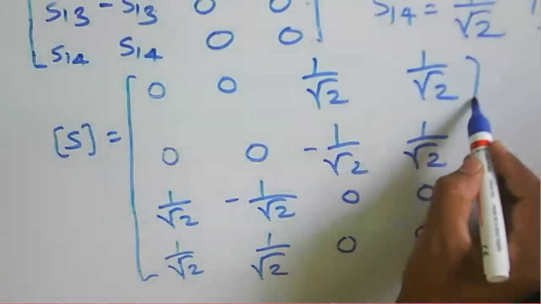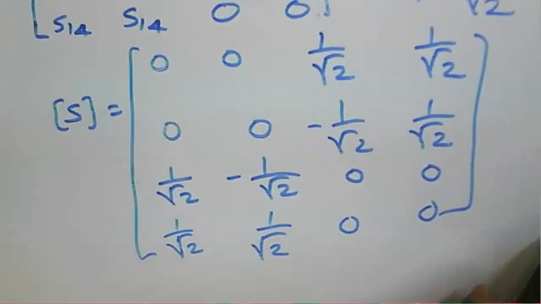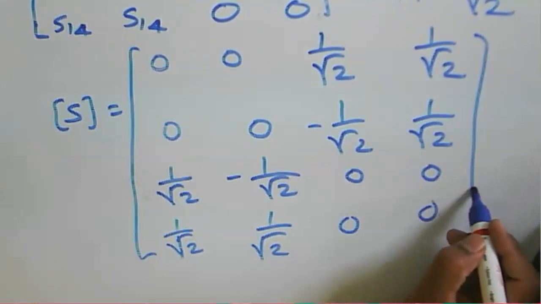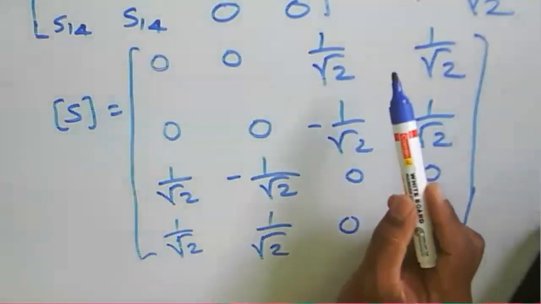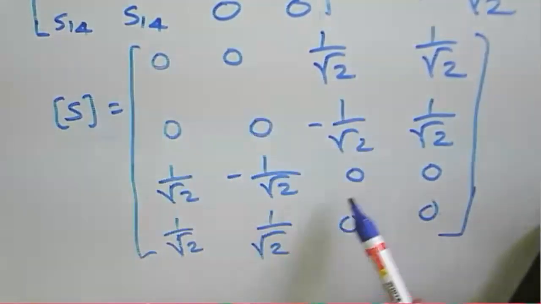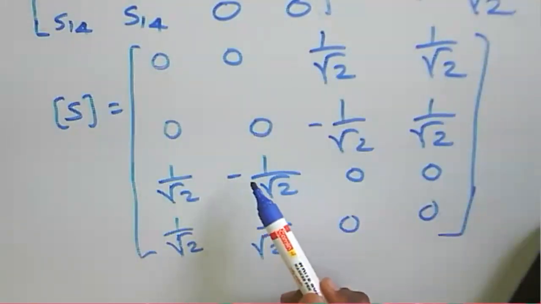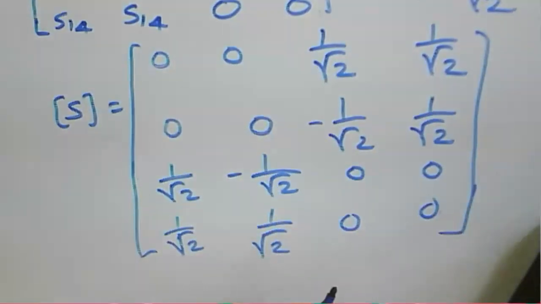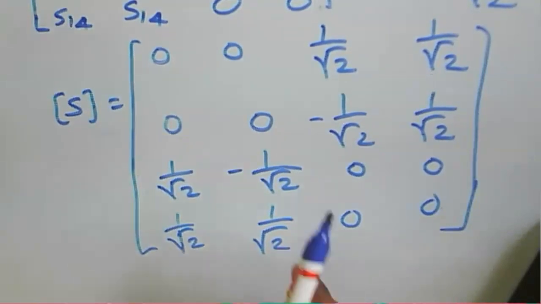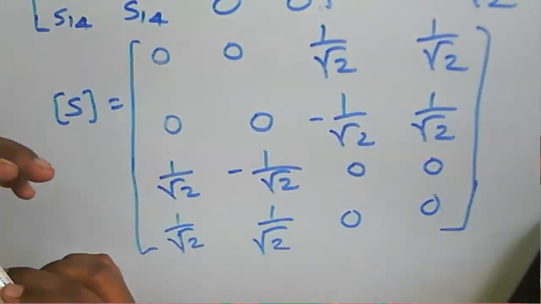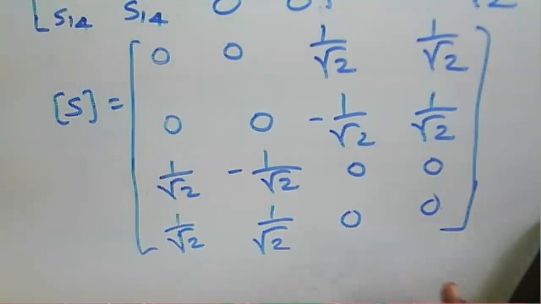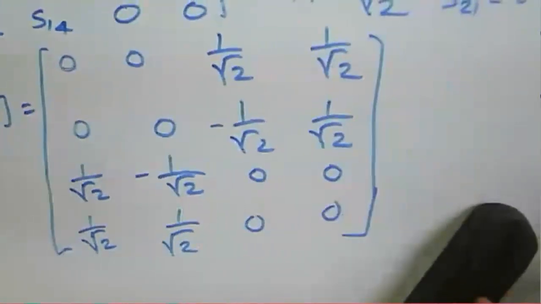Okay, so now this is about your S matrix for the magic T. If you see the matrix here, it has a common factor of 1 by root 2. If you take out the common 1 by root 2 from this given matrix, we will rewrite the matrix again.